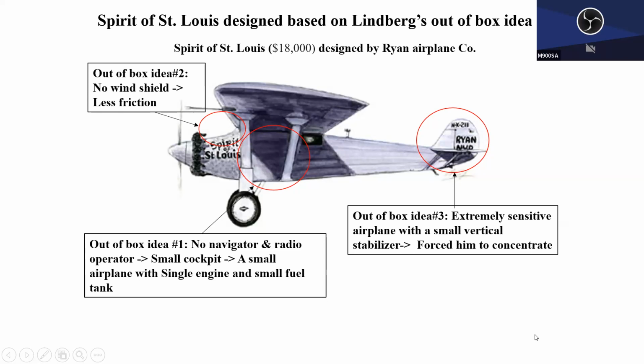He said, I'm flying by myself. Nobody will wake me up. If I have a very stable airplane, I will fall asleep. On the other hand, if I have an airplane that is very unstable because of the small stabilizer, that will keep me awake. Reverse thinking. So let's do it. And he finished it.